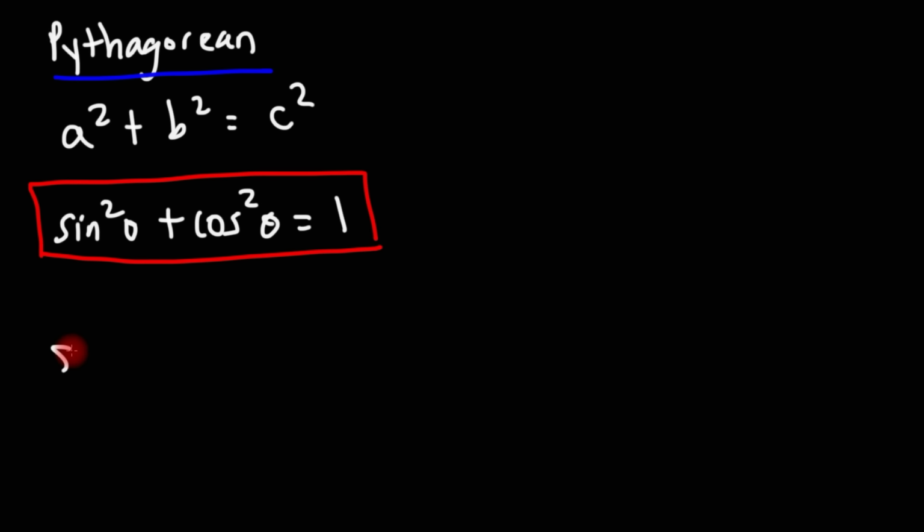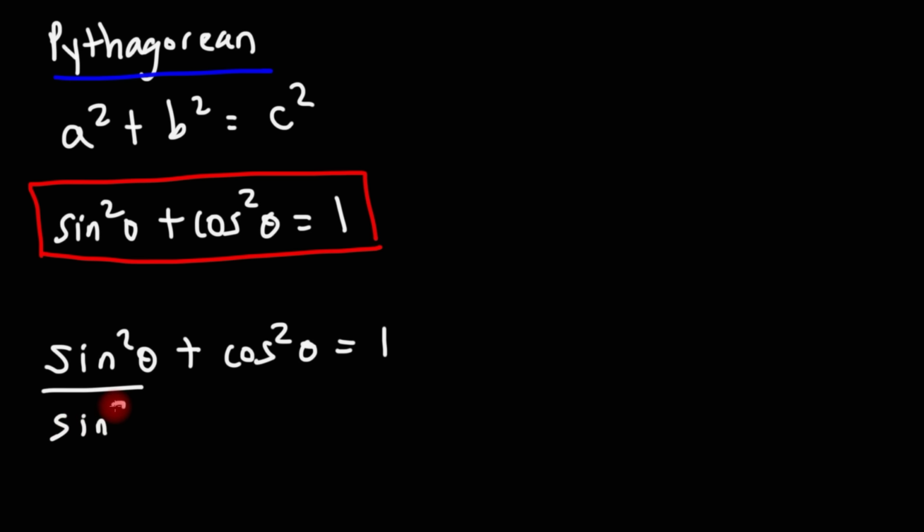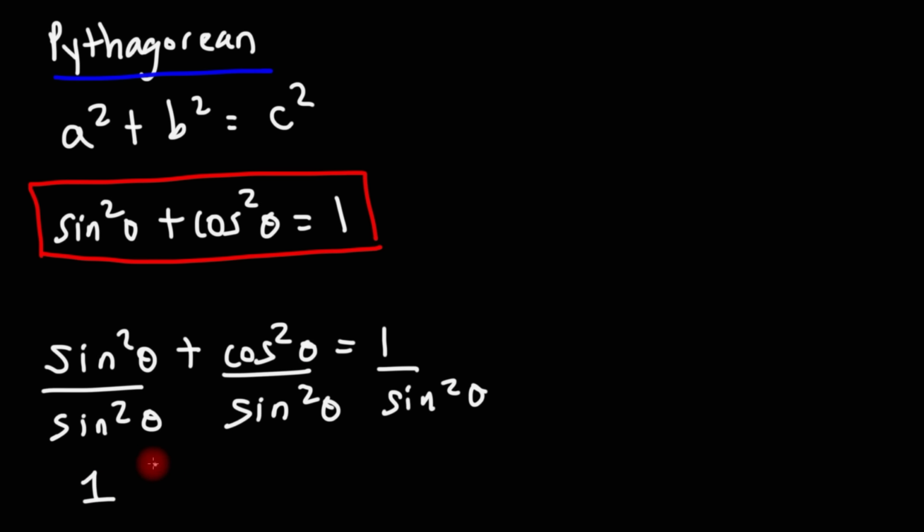Now, if you take that identity and if you divide it by sine squared, you're going to get another identity. Sine squared divided by sine squared is 1.